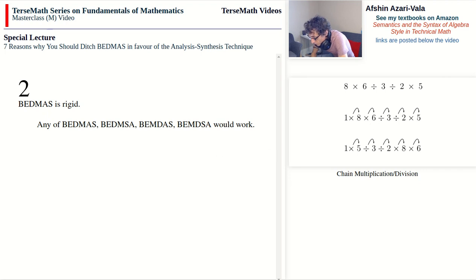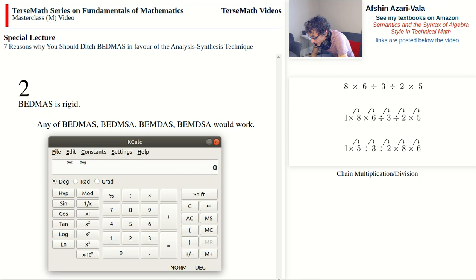Now, for me to show you that these will give you the same answers, let's take a look at the top sequence. Here we have 1. Then we have times 8, and then times 6. So I'm following this sequence here right now. So let me clear it up one more time.